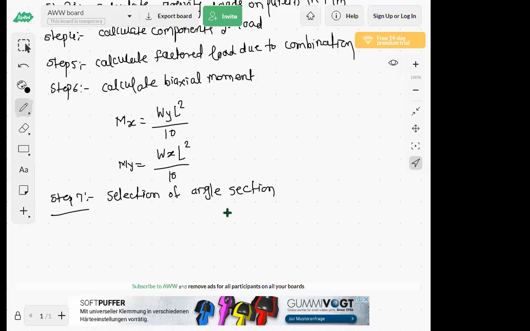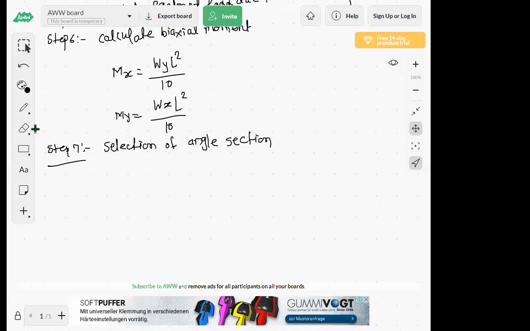As a purlin, we have to select an angle section. So how to select the angle section? Number 1, width of angle.